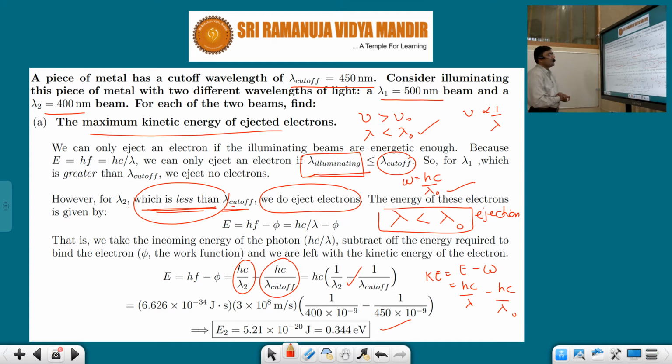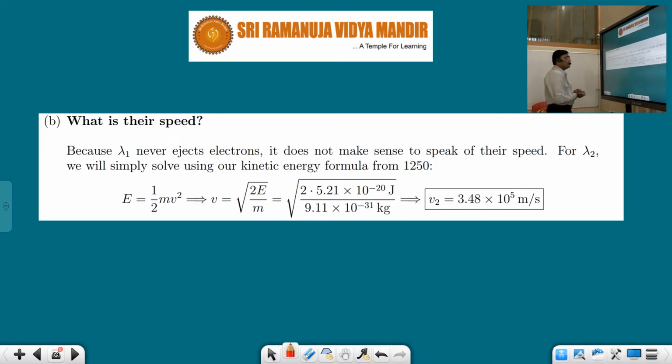I hope you understood this question. Now speed, how to find the speed? KE is equal to half mv square. Simple. Try to understand, students. Here kinetic energy is equal to E minus W.